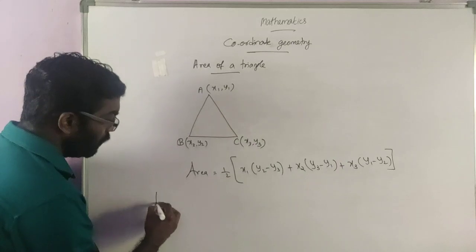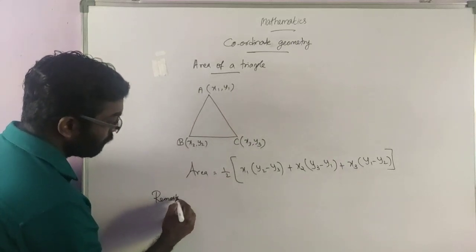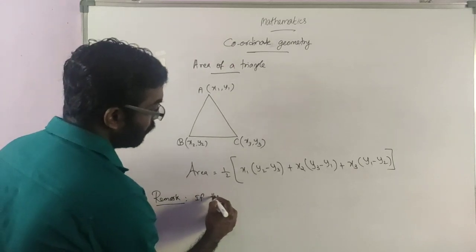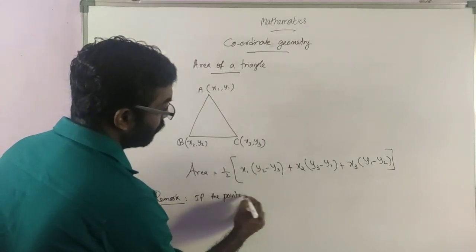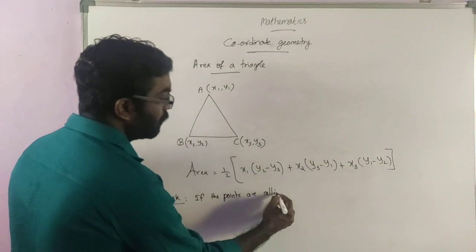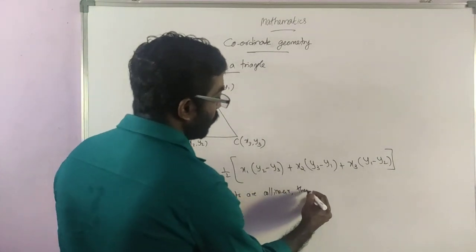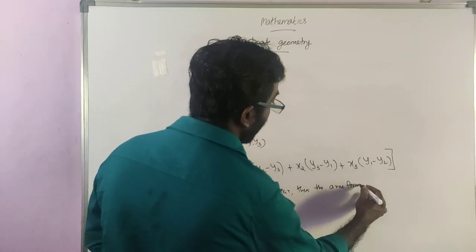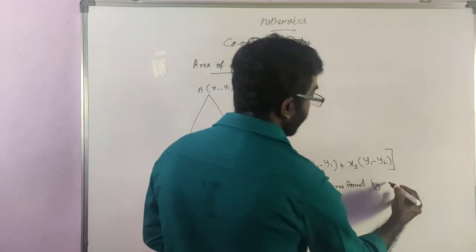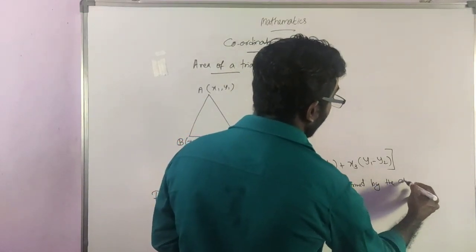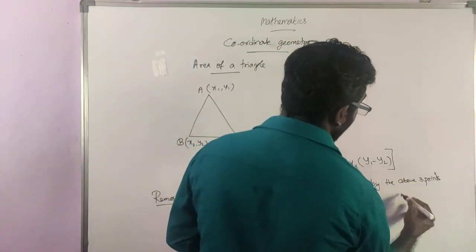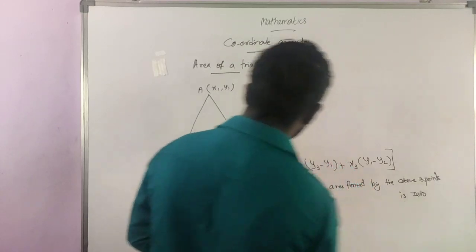Okay, so remember, if the points are collinear, then the area formed by the above 3 points is 0.